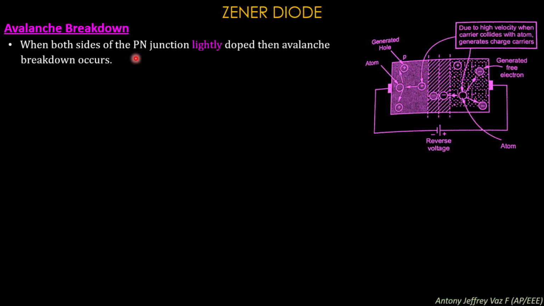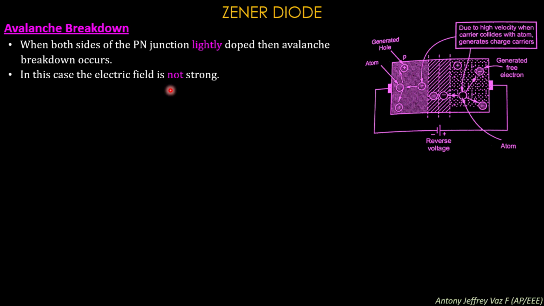When both sides of the PN junction are lightly doped, avalanche breakdown occurs. Here, the diode, in the physical view, is present in the reverse biased condition, and at the same time the PN junctions are lightly doped. Due to this lightly doped PN junction, the thickness of the depletion region is very high.